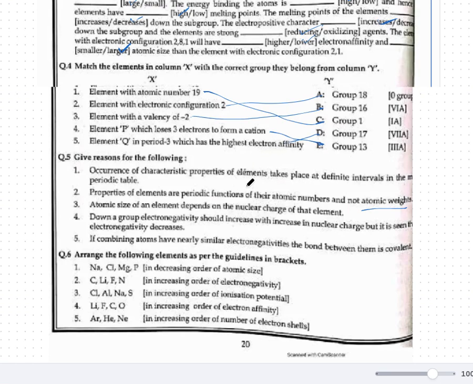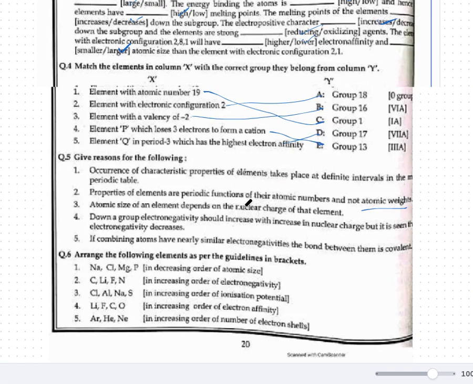Your keyword here is electronic configuration. Please put down your keywords in all the give reason questions. In the previous one, similar valence shell or similar valence electron was the keyword.